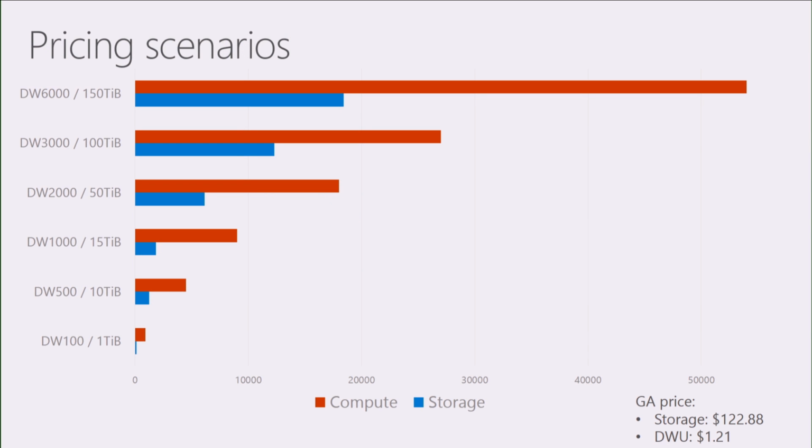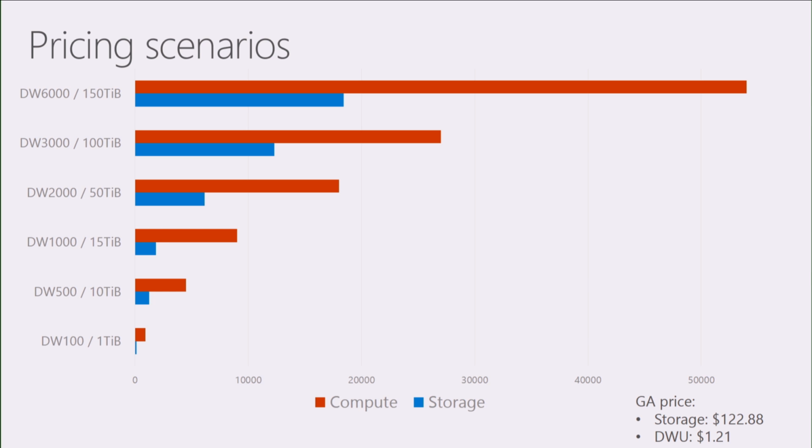So I wanted to bring this into some thoughts for you, because there are ways of thinking about this. For example, if we had less than a terabyte at DW100, we charge in terabyte increments, and on top of that, we have this DW100 cost.